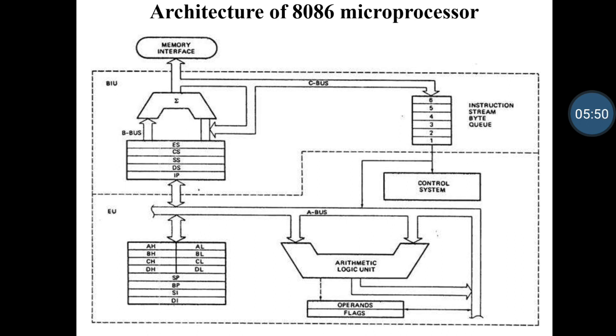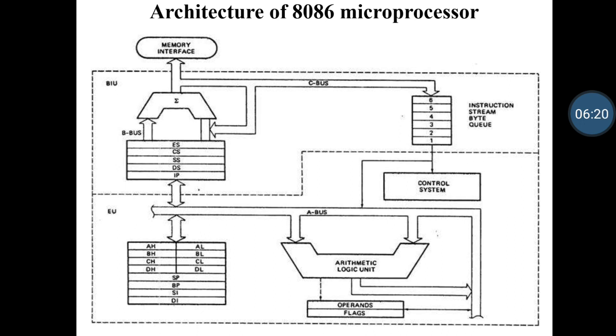Also, the bus interface unit contains the instruction stream byte queue and some internal buses. The execution unit contains the arithmetic and logical unit, then the flag register, then some general purpose registers and some pointer and index registers.